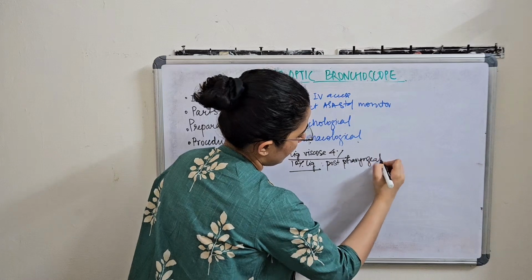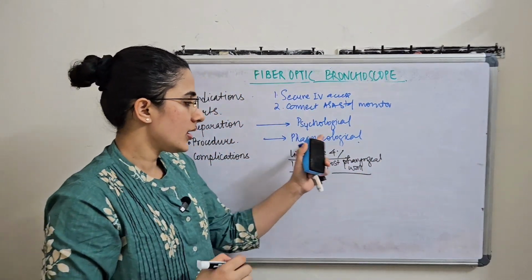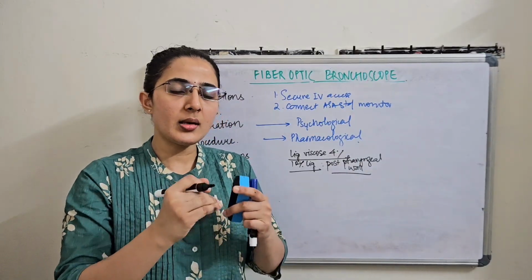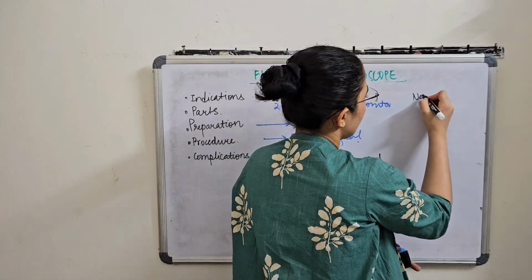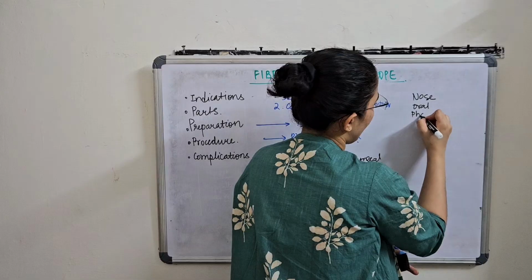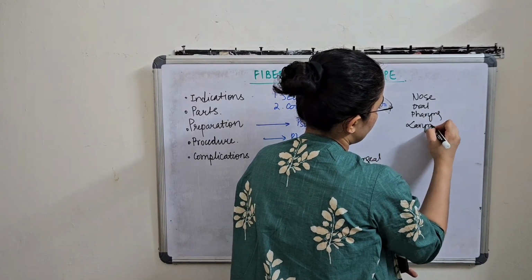So this is how we can anesthetize the posterior pharyngeal wall of the patient. As we come down further, we have finished the nose and oral cavity, and we have come to the pharynx. Next we will come to the larynx.